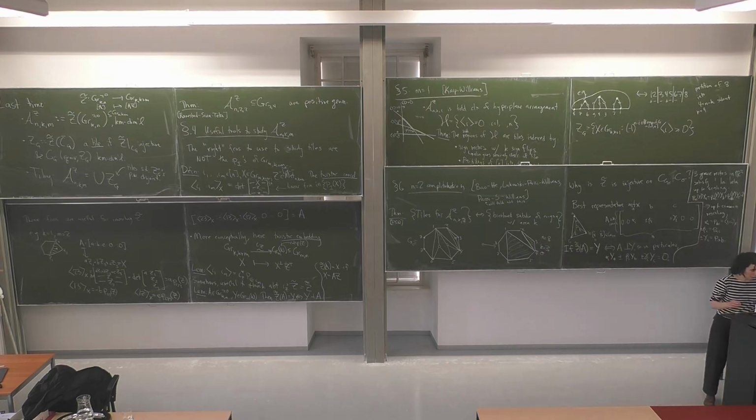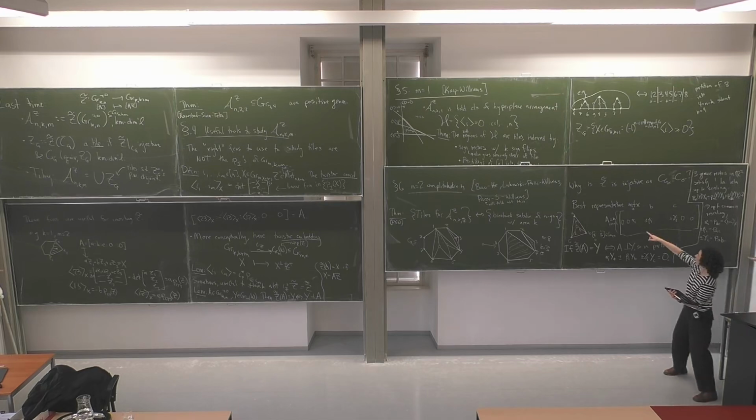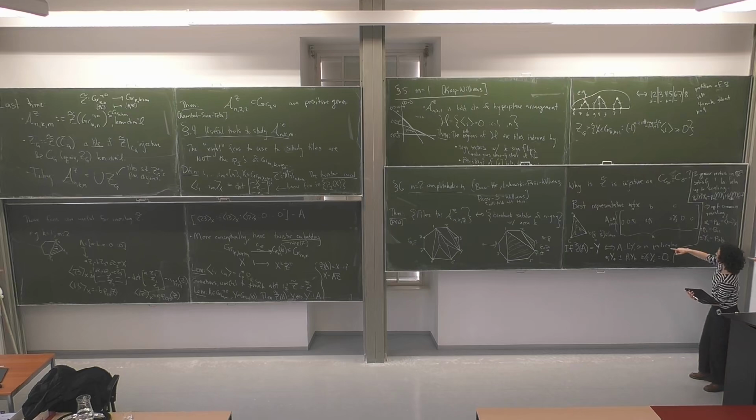I want to say one more thing about these tiles. Someone just asked, the only constraint I'm putting on alpha i, beta i, gamma i is that they should be non-negative. And as long as that's true, then this thing will be totally non-negative. So if I'm in this tile, alpha i, beta i, gamma i are just some Plücker coordinates of y, or equivalently some twistor coordinates of x.